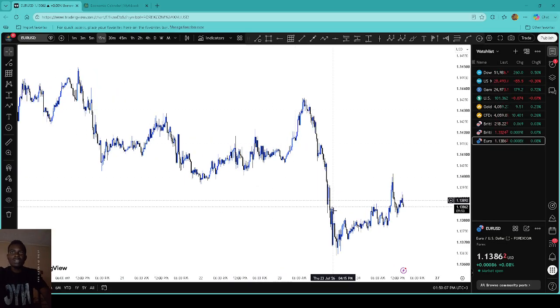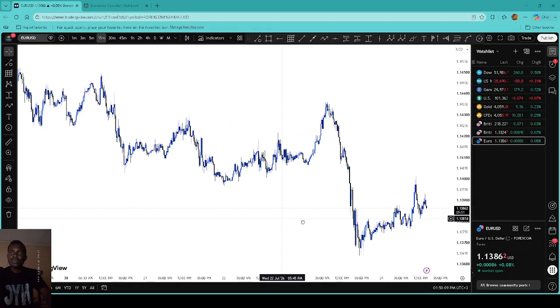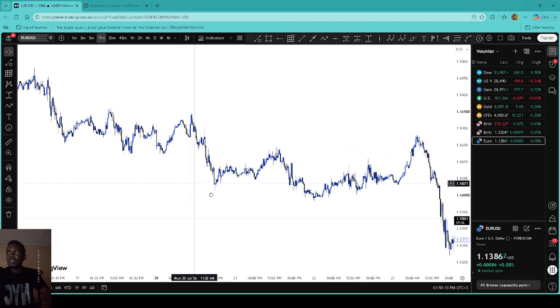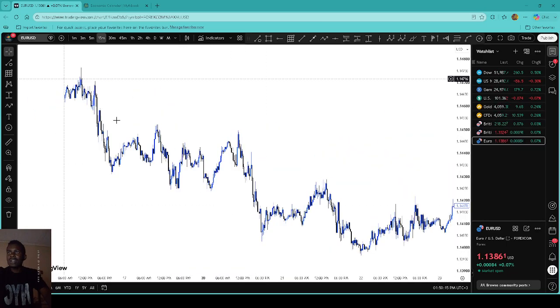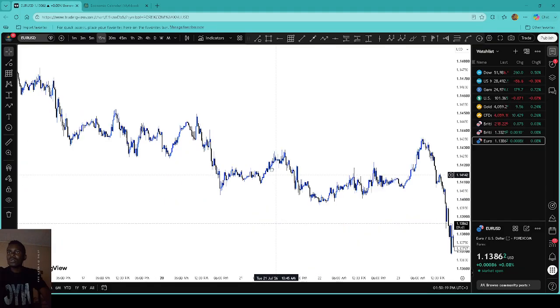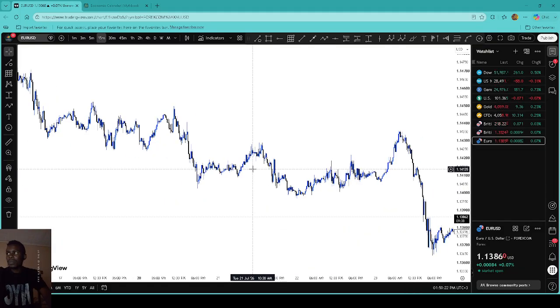For example, we can see price is moving downward over here. Now there are two types of order blocks. You have the bullish order block and the bearish order block.